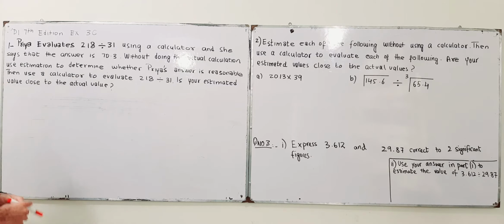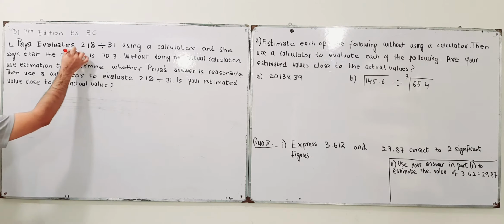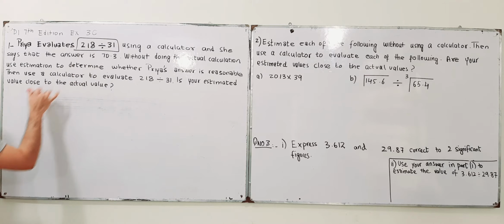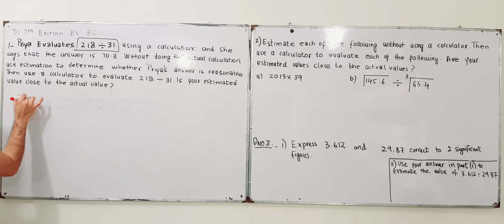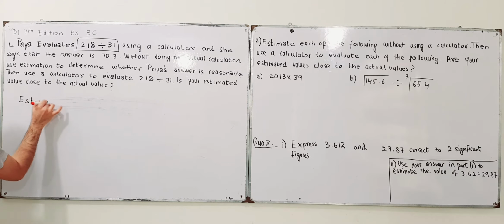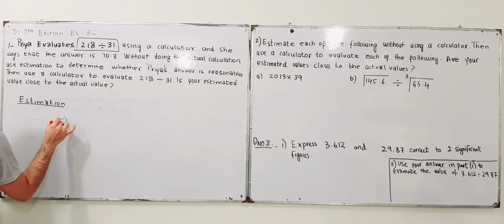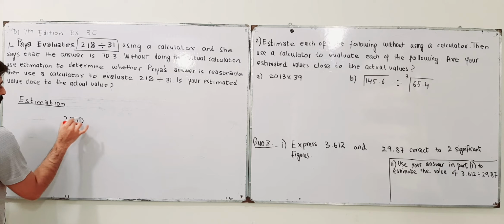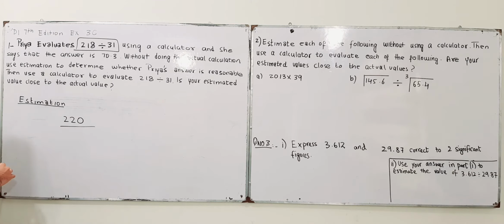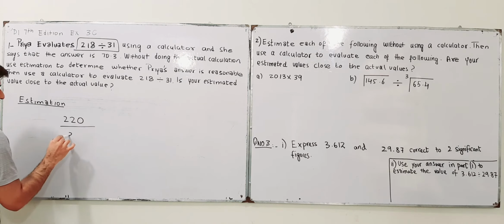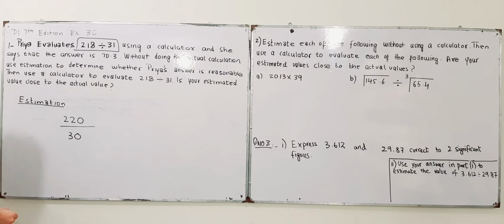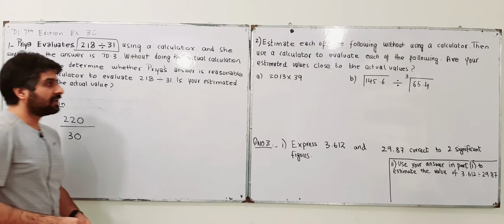First of all, in estimation we round off our numbers. 218 can be rounded off to 220, the nearest 10, and 31 can be rounded off to 30, the nearest 10 value.